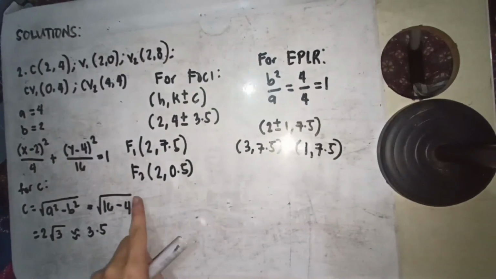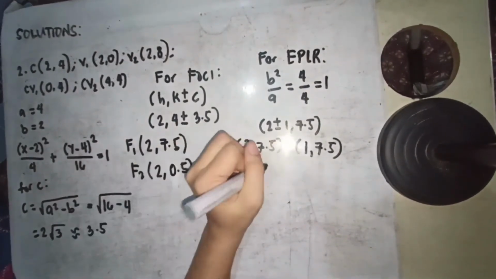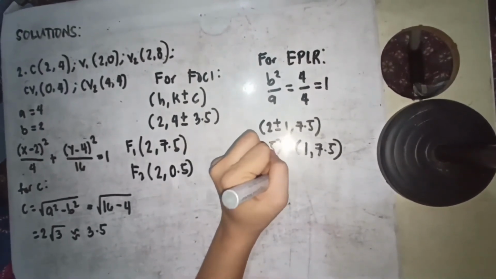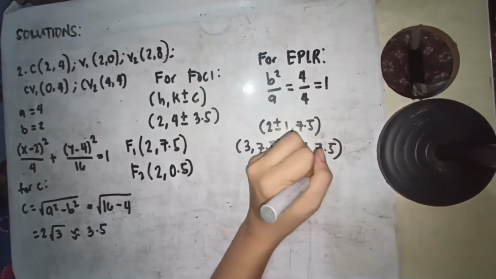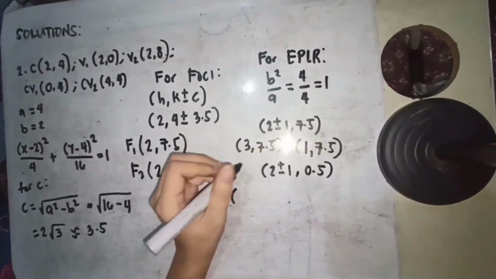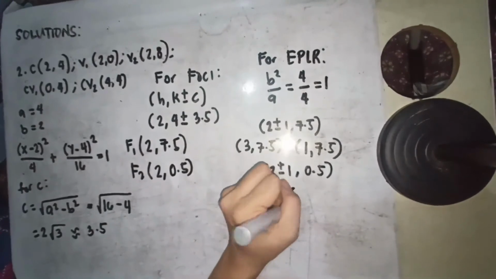Next, for the latus rectum sa second focus or F sub 2, we have 2 plus minus 1 and 0.5. Okay, so we have 2 plus 1, that is 3 and 0.5.